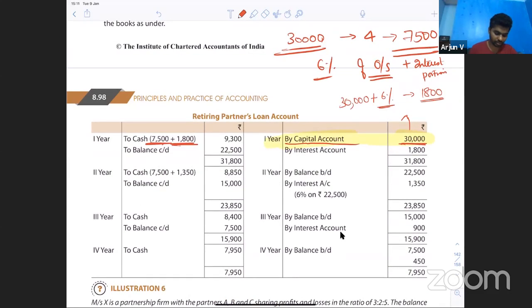That is 30,000 in 4 equal installments, 7,500, and interest at 6%, which comes to 1,800. So he should be paying 9,300 rupees. Yes, for all installments, you will be paying the interest on the outstanding amount, Nidhi, not on the installment amount.